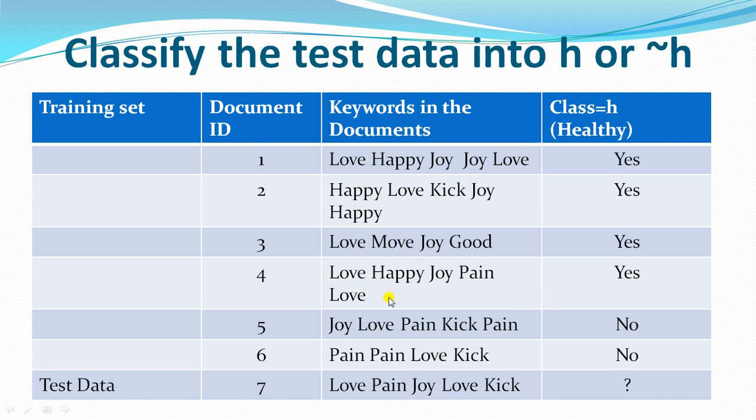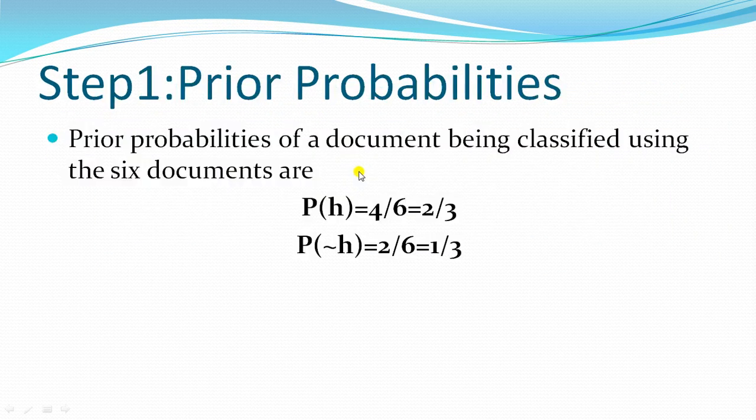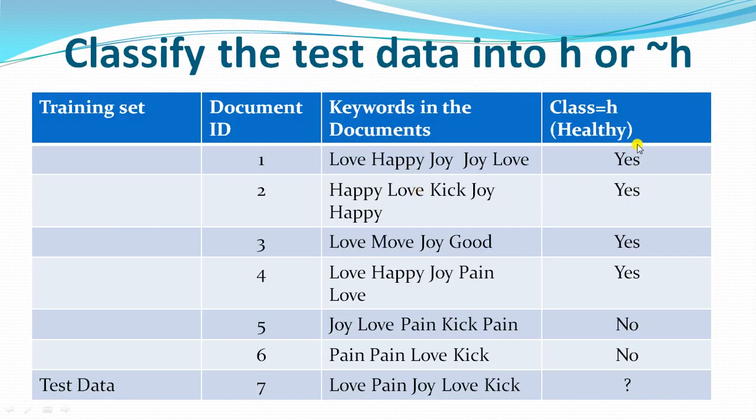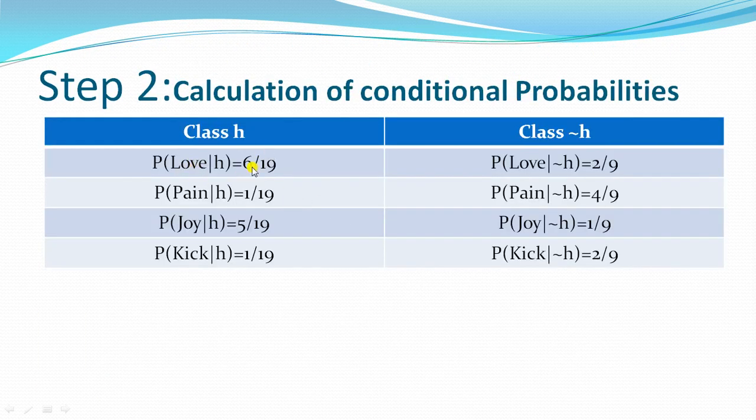So that will be 6 out of 19. Why 19? The number of terms in this class: 1, 2, 3, up to 19. So 19 terms are there in this class, and in that 19, 6 are love. That's why the probability of love is 6 by 19.